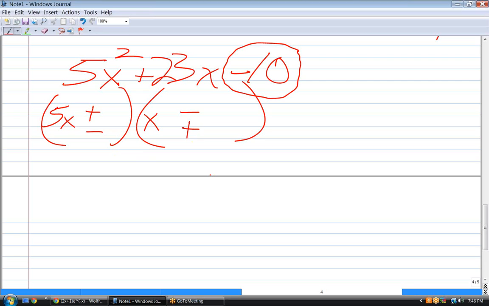With a lot of factoring, if you have x and x, then plus minus is the same as minus plus, and you can get away with just writing plus minus. But when any of these coefficients are not 1, then you have to allow for both plus minus and minus plus.